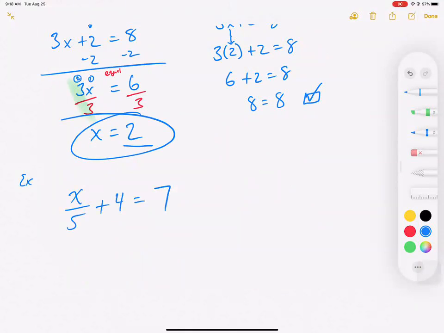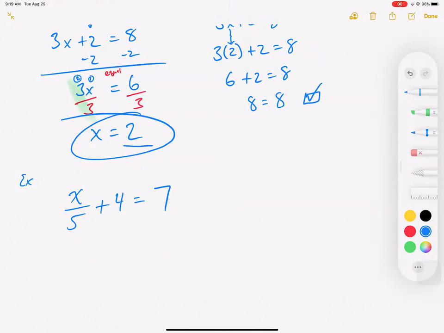Some of you guys could probably guess and check and come up with a solution that is absolutely right. Now, that works for easy problems. And in Algebra 1, our first semester, you could do that for a lot of problems. But we want to practice our steps so that we are comfortable with them when the problem gets harder.